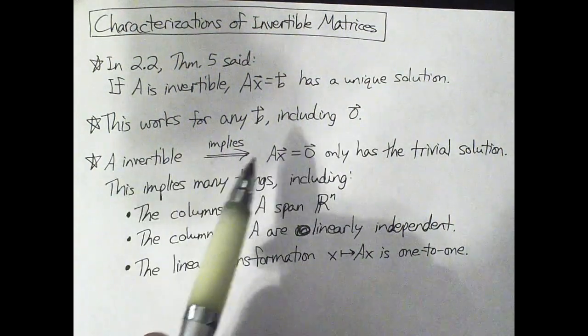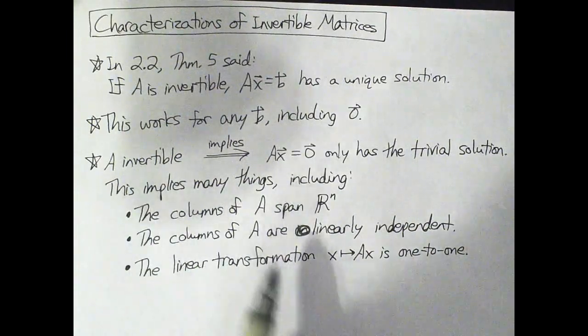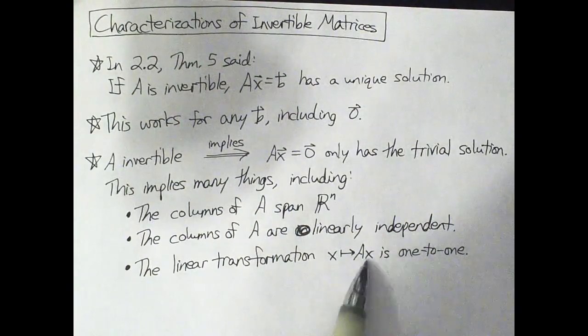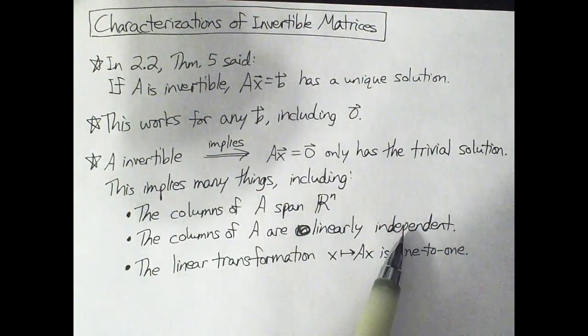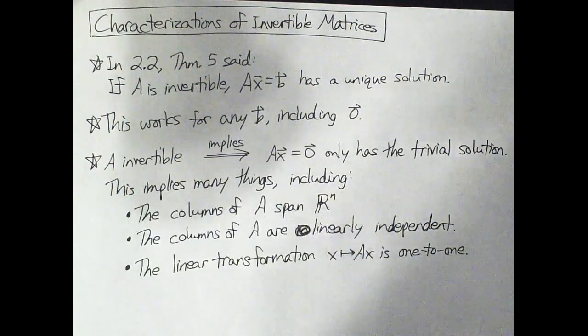If A is invertible, it implies AX equals 0 only has a trivial solution, and that implies all of these things. So if A is invertible, the linear transformation is 1 to 1. If A is invertible, its columns are linearly independent. If A is invertible, its columns span Rn. All kinds of cool stuff.